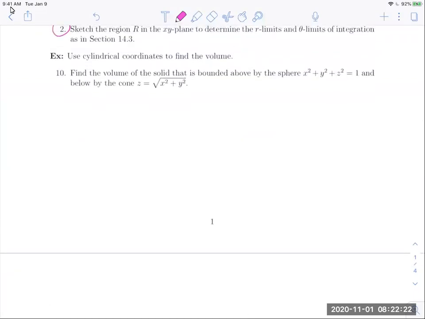All right, number 10, find the volume of the solid that is bounded above by the sphere and below by the cone. So the first thing that I'm going to do is sketch these two surfaces and then identify the region that's being bounded. So first I have a sphere of radius 1.